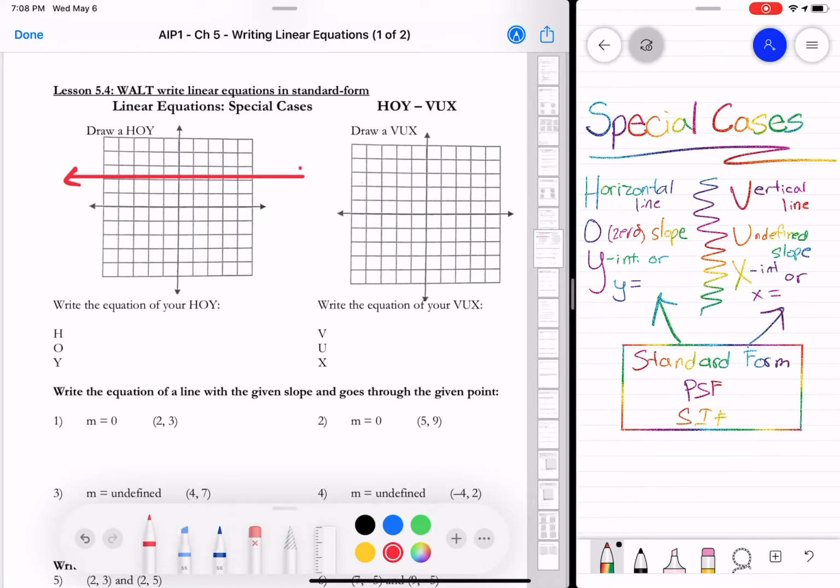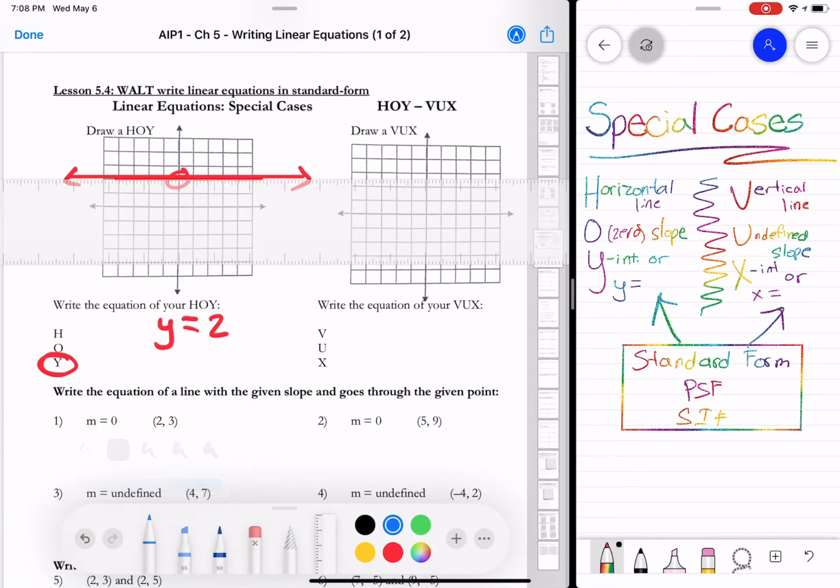So, it's not perfect, even though I used a ruler. There we go. This equation is going to be y equals, right? Because HOI, it's a horizontal line. The y equals, and I see that it is y equals 2 because our intercept is right there. It intercepts the y-axis at 2.